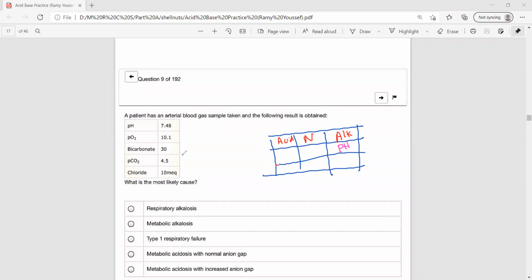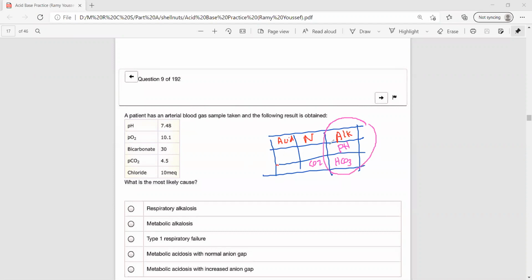And then bicarb is up, so alkalotic. So what we have here is metabolic alkalosis.